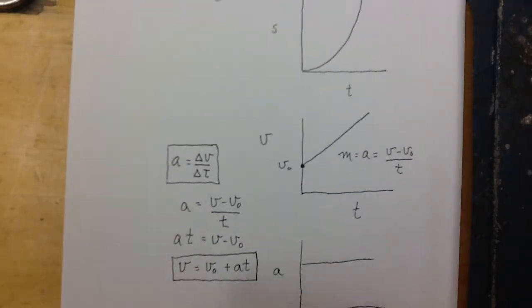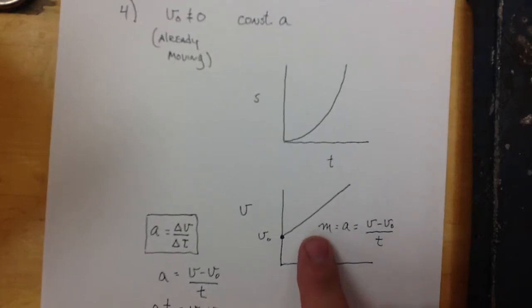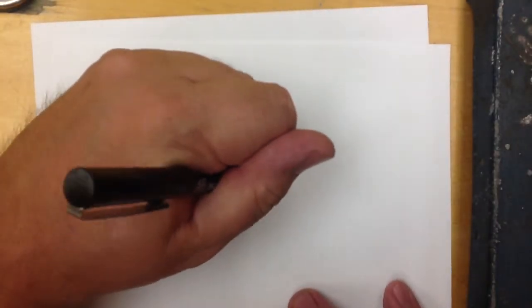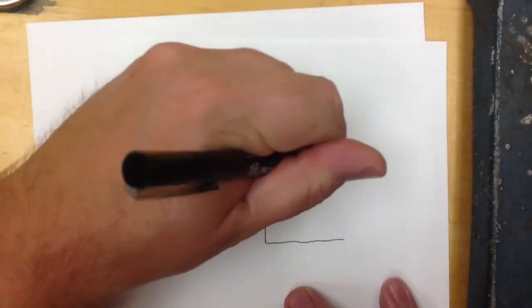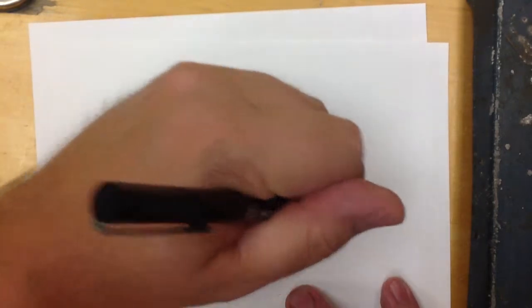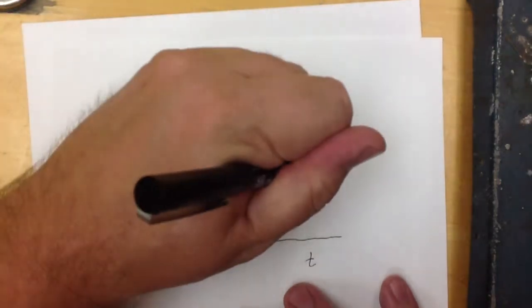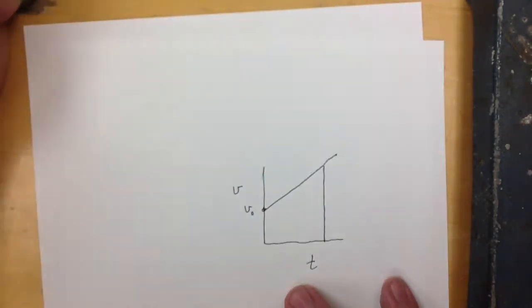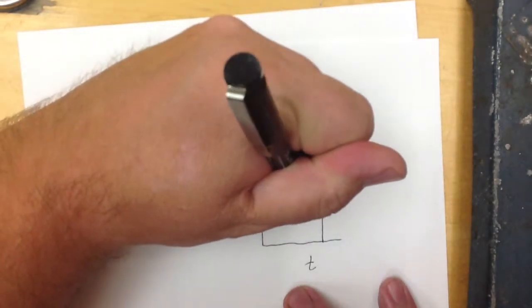And now once again, to develop a change in position, we're going to have to take the area underneath this. So I'm going to redraw this. We're going to have to look at what kind of a shape we have here. This is time. If I close this off and I'm looking to take the area underneath this, there are two components.